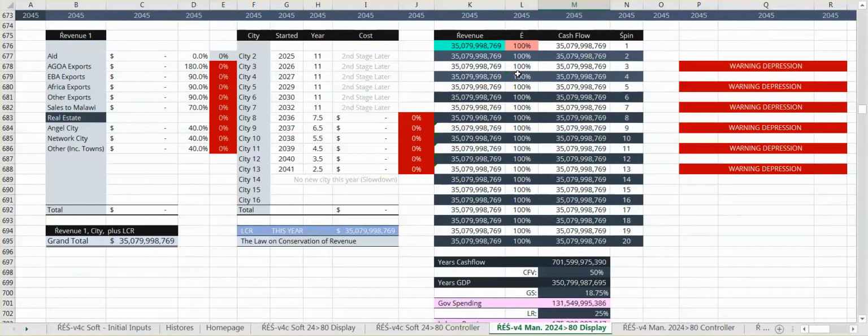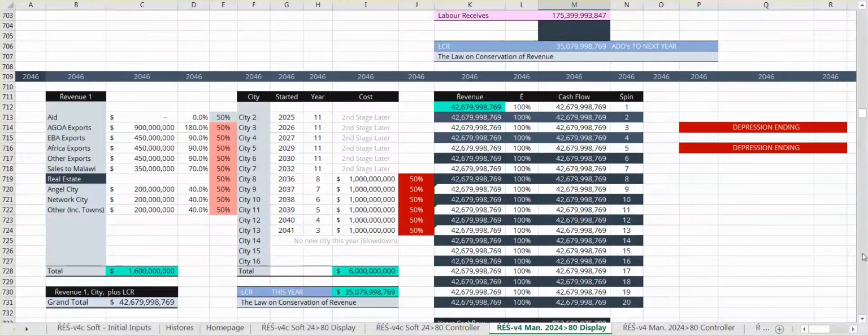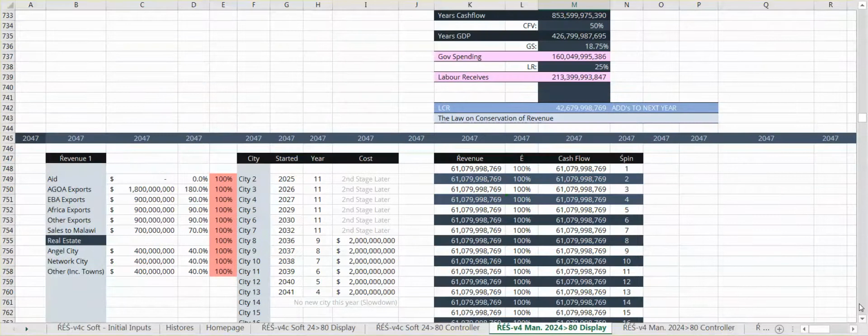In 2046, the Malawi network at spin 20 grows and grows. But this time, when the depression ends at 2047, I keep E at 100%. Just go a few years forward. There we go.